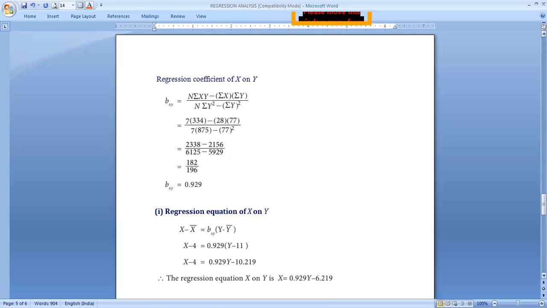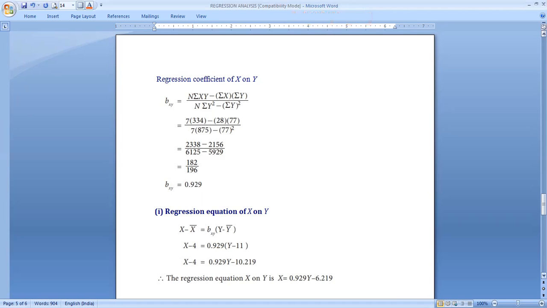This equation is given by x minus x bar is equal to bxy into y minus y bar, where x and y are the variables of the equation. x bar and y bar are the mean values of the series x and y respectively, and bxy is the regression coefficient of x on y.